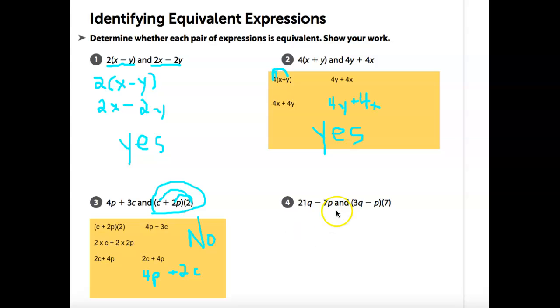All right, let's move on to number 4. It's similar to this in that we have to look at this side first. So let's look at this. Remember, we're multiplying this number. It's called the distributive property. We multiply 7 times 3q, and we get 21q.